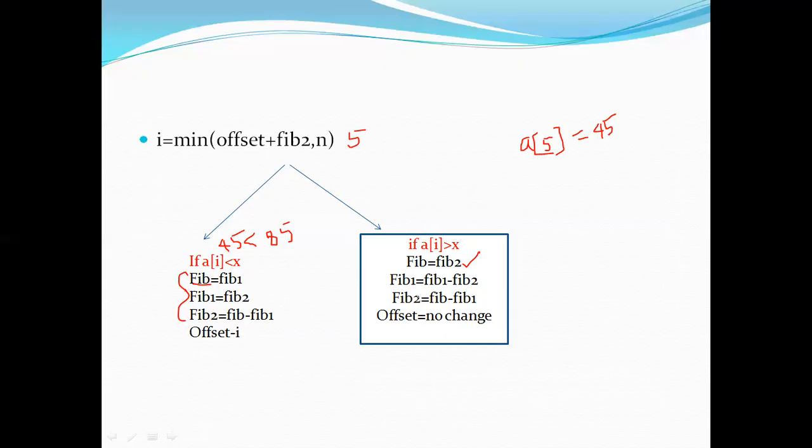Here also fib2 is equal to fib minus fib1. Only the second step will be different here. Fib1 is equal to fib2 here, but in the other case fib1 is equal to fib1 minus fib2. Just we need to remember this step only. Otherwise here fib1 is equal to fib2.